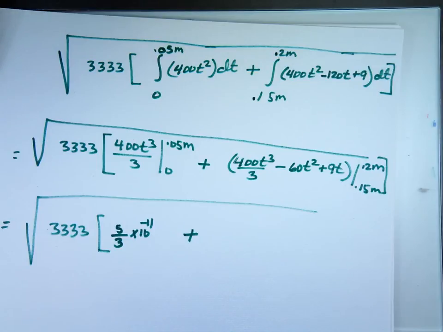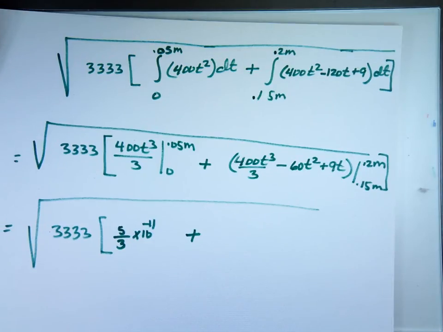Let me go to graph. Where's graph here? 400x to the power 3 divided by 3 minus 60x squared plus 9x.